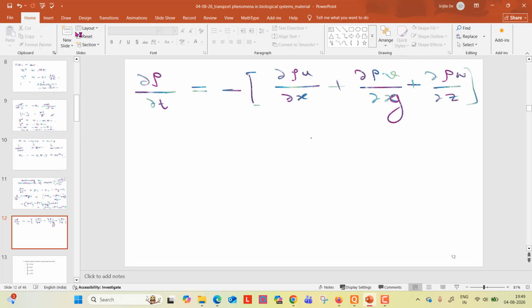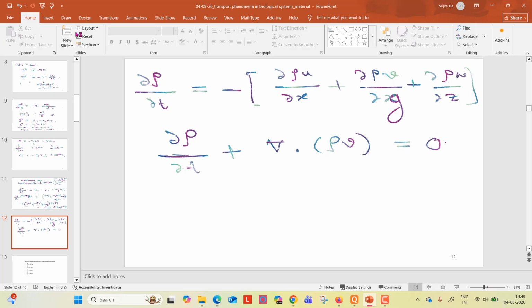So del rho del t equals to, it will come to this side, and you remember what it is, right? It is divergence of rho into v. If we write it in vector form, it will be divergence of rho v.